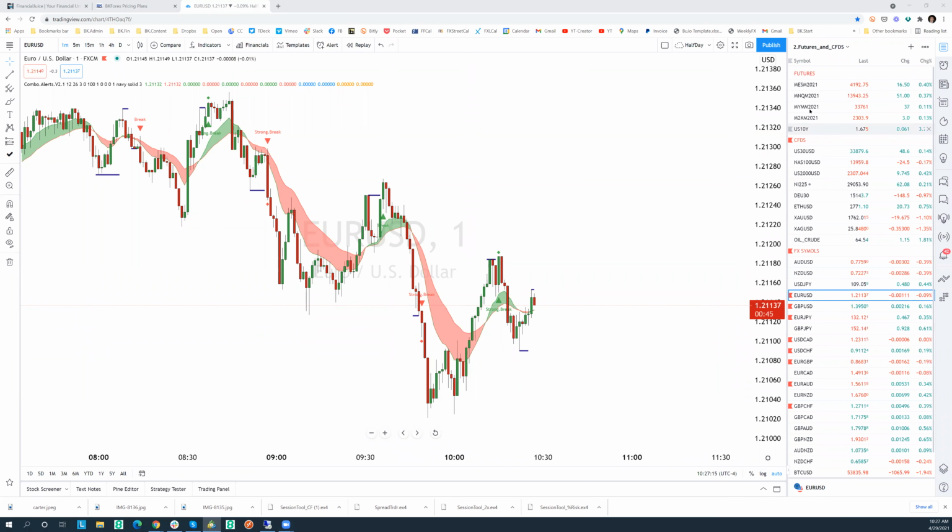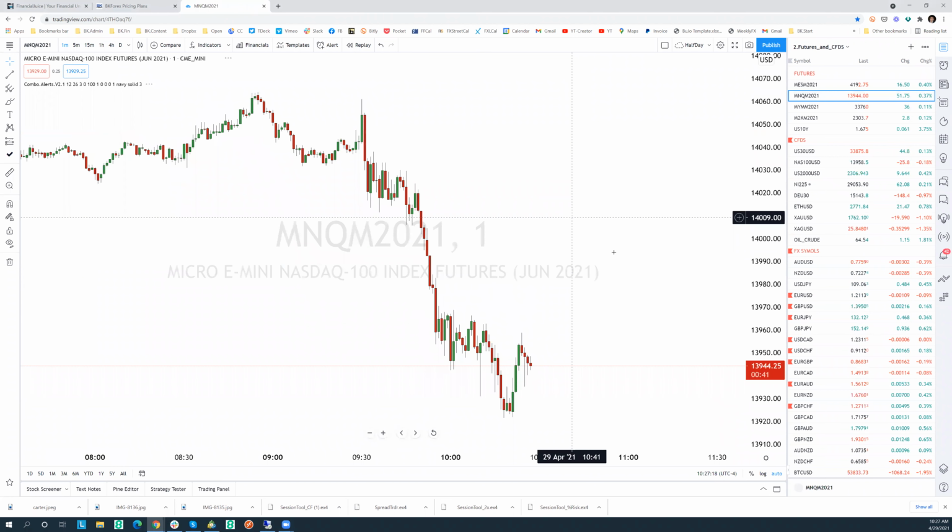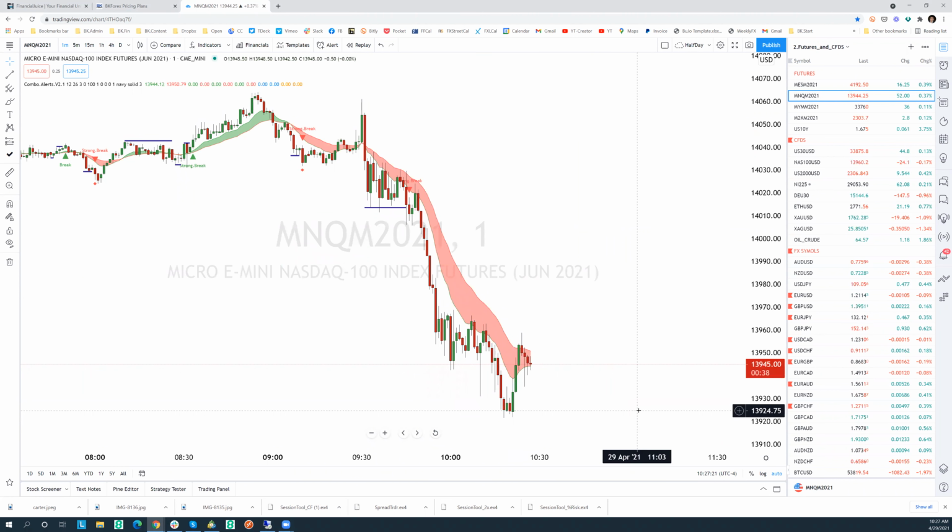And while it's doing it, I was going to show you my whole point about buying the falling knife: you buy it as far away from the moving average envelope as possible.